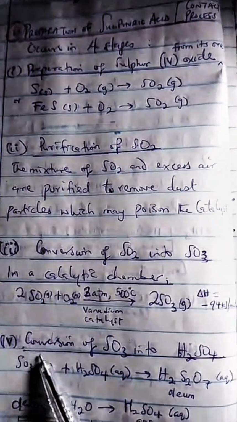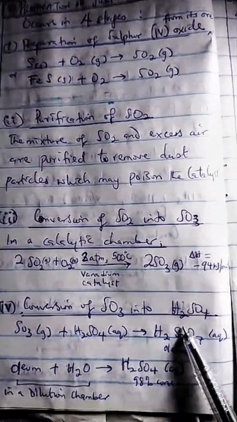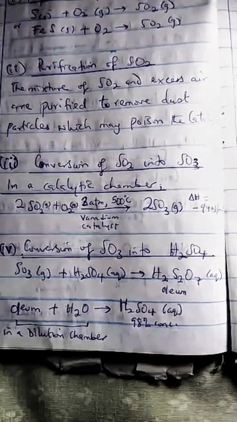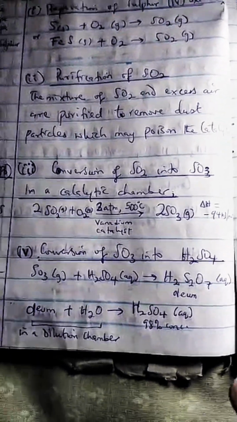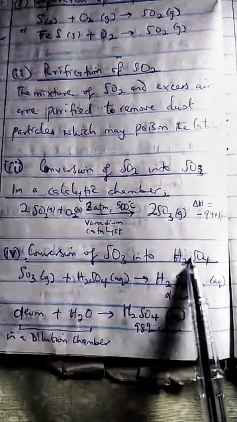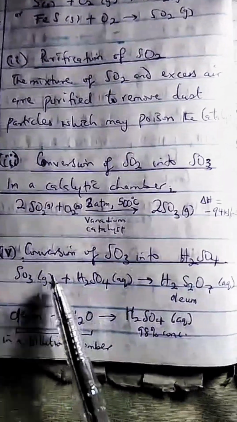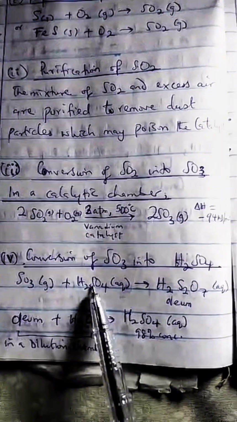It releases about 94 kilojoules per mole. And the fourth and final stage is the conversion of sulfur 6 oxide into sulfuric acid. So this fourth stage is the conversion into the tetraoxosulfate 6, which is our target product.